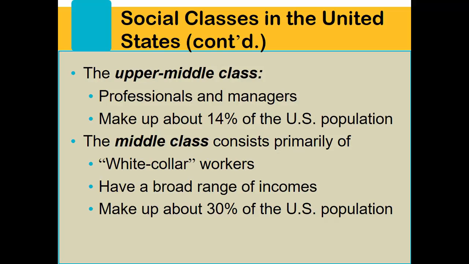These are people who would work in office-type settings. The middle class in the United States has a broad range of incomes and make up about 30% of the total U.S. population. There are grids in your book actually that lay out what exactly the amount of money made by people of these various statuses are. So you can look that up if you like.